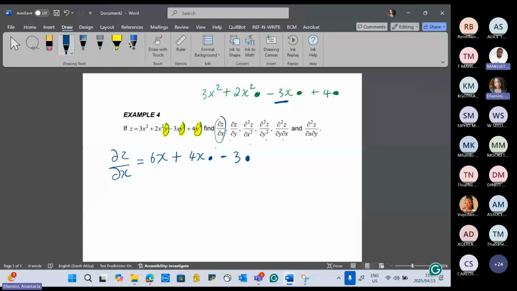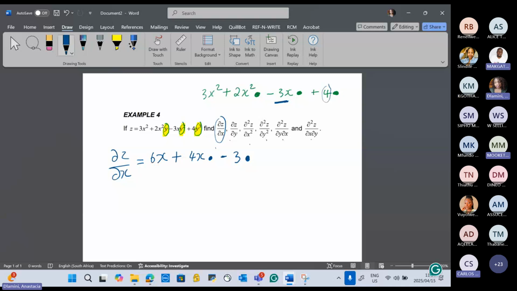You see here, there's no x. You know 1 is the same as x to the power of 0, right? So since there's no x here, there's a constant, which is a 1. Do we agree? So what is the derivative of 1? It's 0. Even the 4 here, what is the derivative of that 4?